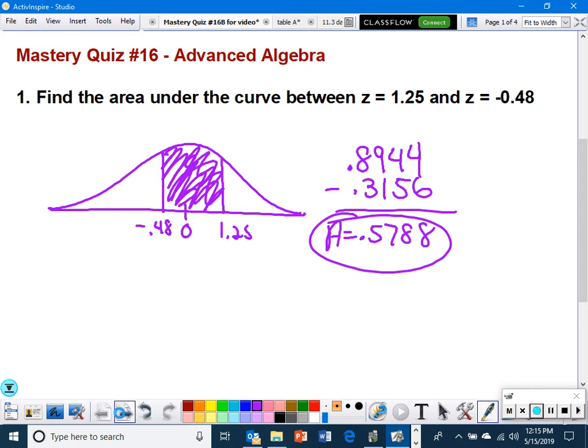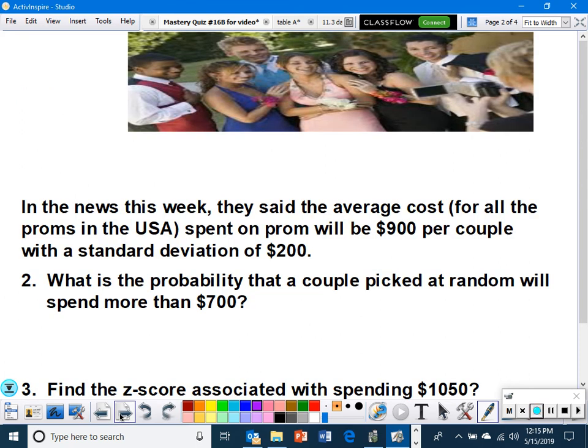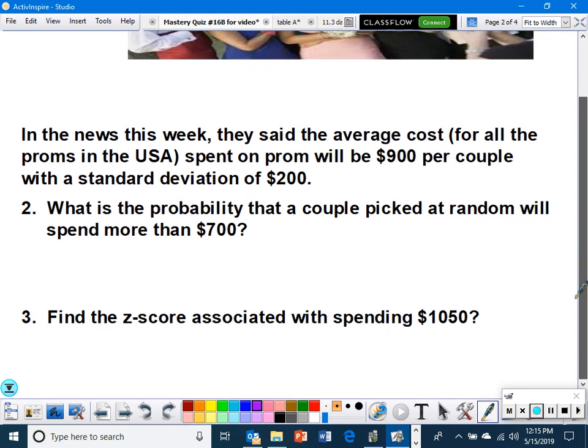Number two. In the news this week, they said the average cost for all the proms in the USA will be $900 per couple with a standard deviation of 200. What is the probability that a couple picked at random will spend more than 700?